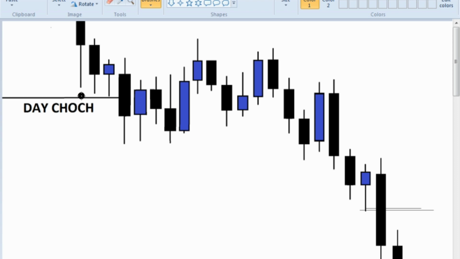We will mark this shadow here, because the structure is a day structure and every candle belongs to the day candle. Then we will look in a lower time frame like 15-minute, 5-minute, or 1-hour to see if there is any candle pushing the price upside. If not, then we will enter for a sale.